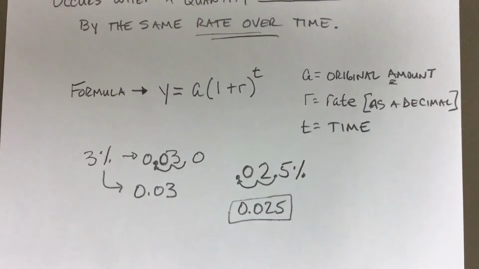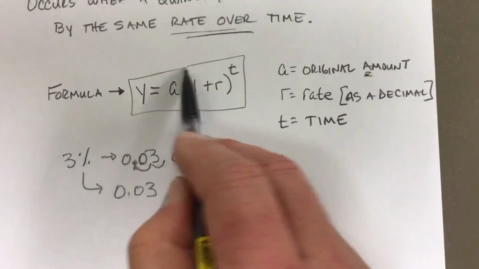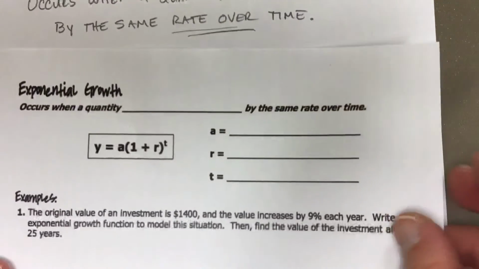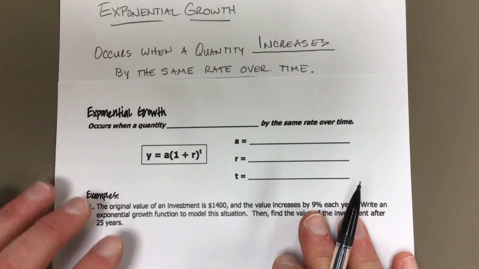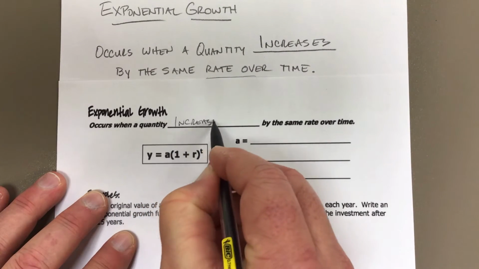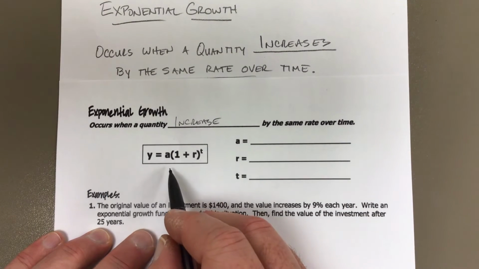So how do we do this? Please don't get too nervous. I always will give you the formula. Here's our problem. It says that it increases, like we said. Since it increases, let's identify some of this stuff.